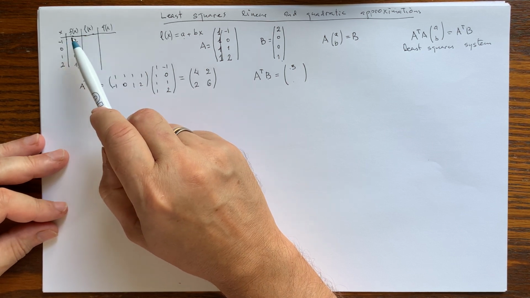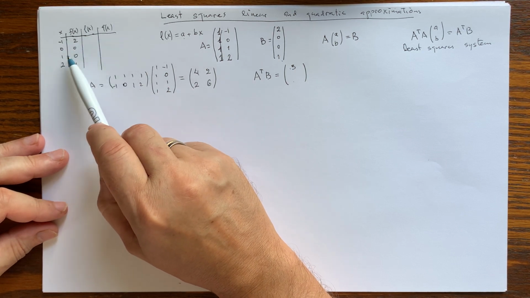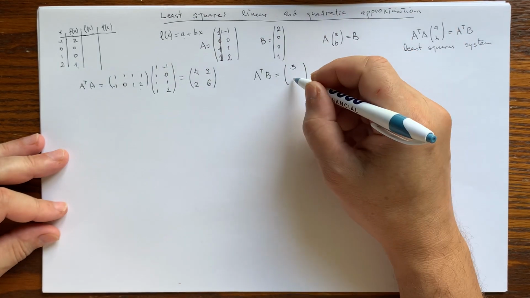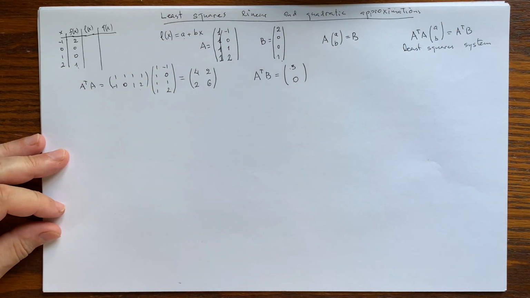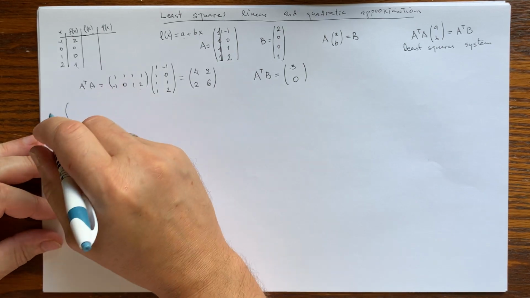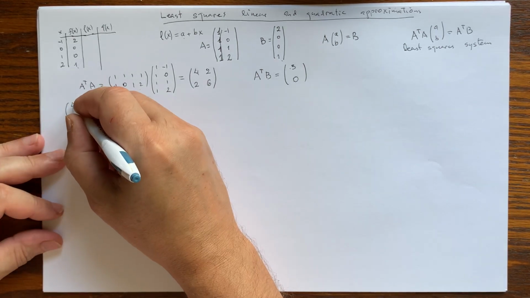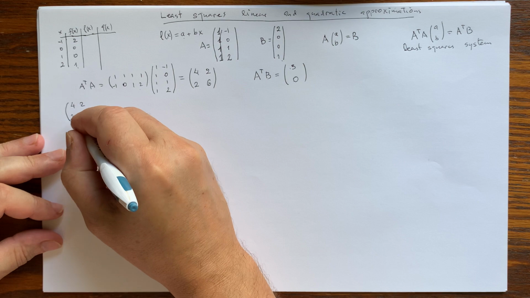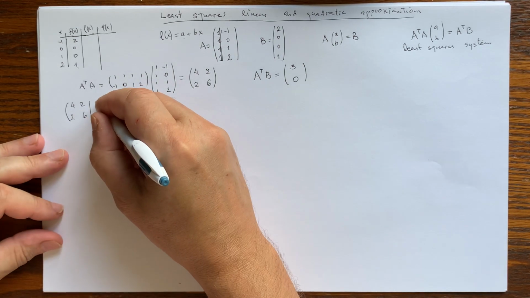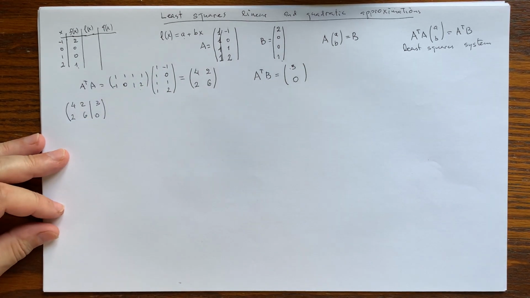So the sum of products will be -2, 0, 0, +2, summing to 0. And the least square system, written in the matrix form, ready for Gauss elimination, will be looking like that.